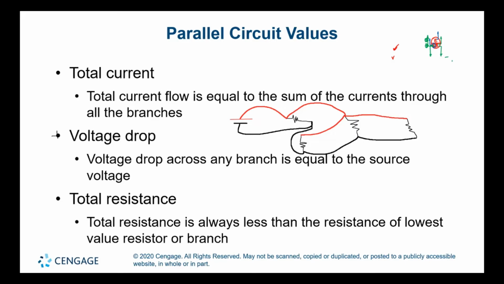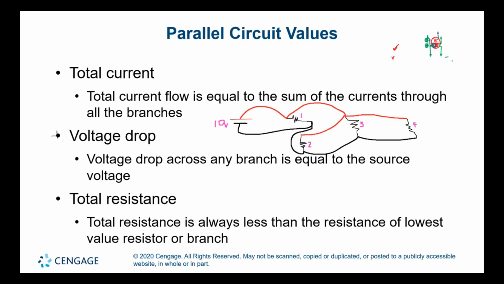If my power source is equal, let's say, to 10 volts, when you take a voltmeter and measure the voltage across R1, you are going to have 10 volts. It doesn't matter if you go to R2, you still have the same 10 volts. On R3, you have 10 volts, and on R4, still the same voltage, 10 volts.